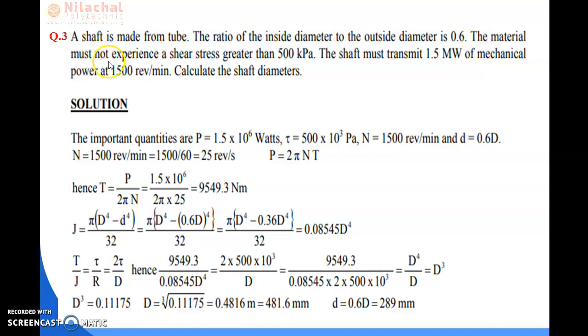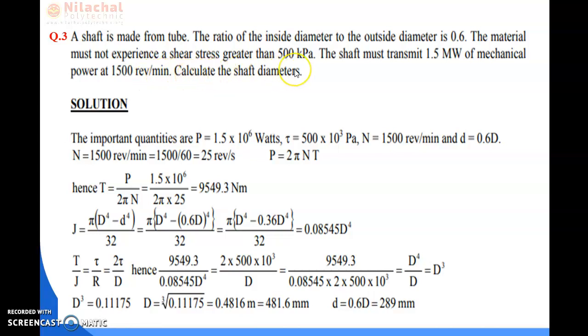The material must not experience a shear stress greater than 500 kPa, that is kilopascal. The shaft must transmit 1.5 megawatt of mechanical power at 1500 revolution per minute, that is RPM.